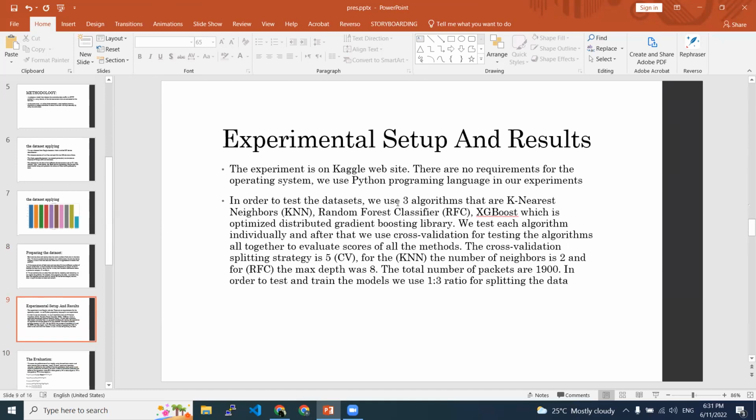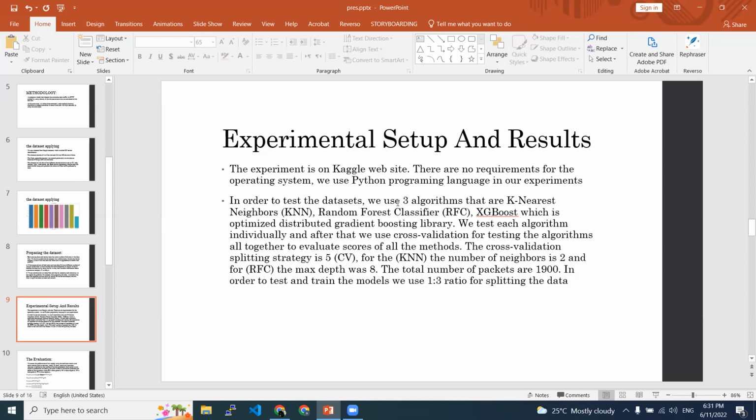Experimental setup and result. The experiment is on the Kaggle website. There are no requirements for the operating system. We use the Python programming language in our experiment. In order to test the data set, we use 3 algorithms, as I said previously, and we test each algorithm individually, and after that we use a cross-validation function for testing the algorithms all together to evaluate the score of all methods.